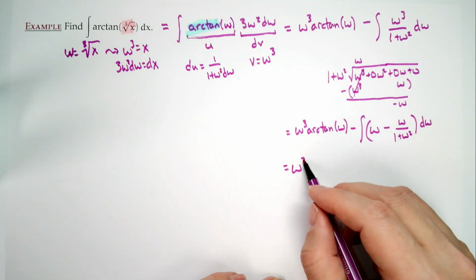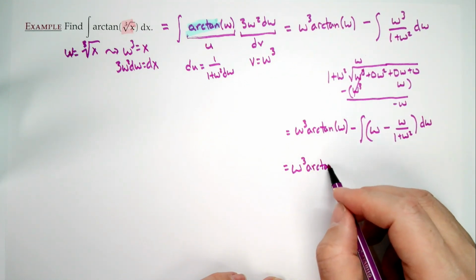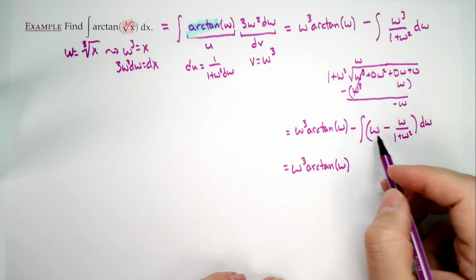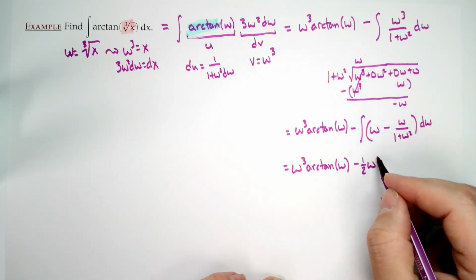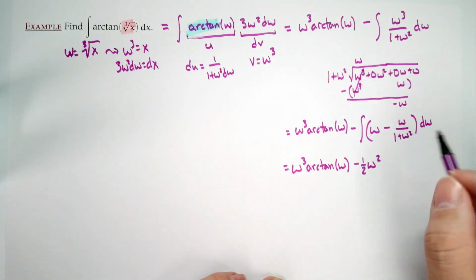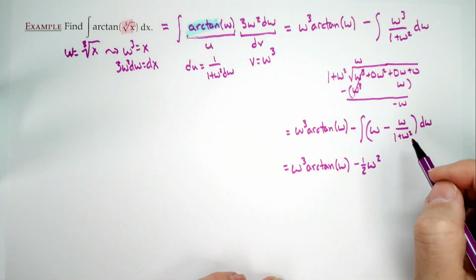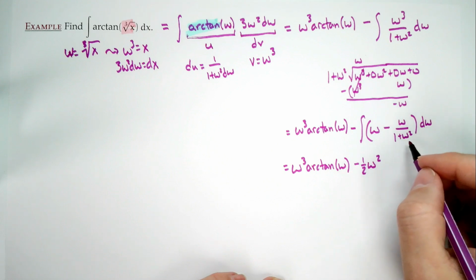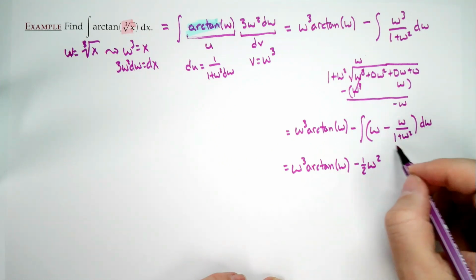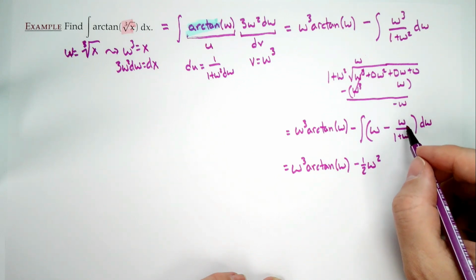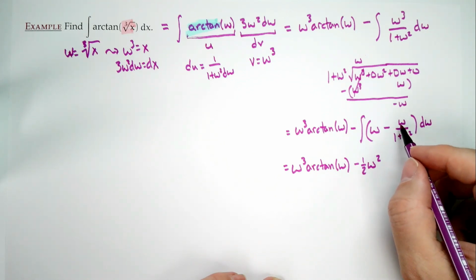Why? Well, because we can do some of these parts. So for example, the integral of w, that's not bad. That's a half w squared. And this integral is one you should be familiar with. We see it a lot. 1 plus w squared downstairs, w upstairs. If you were to take the derivative of what's downstairs, you'd get almost the upstairs. You're only off by a 2.